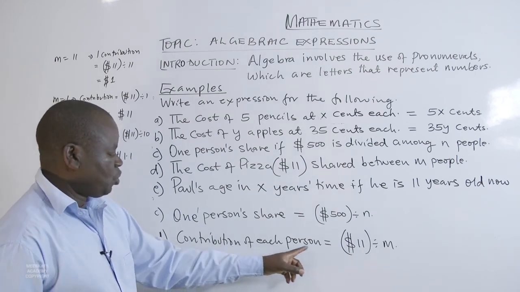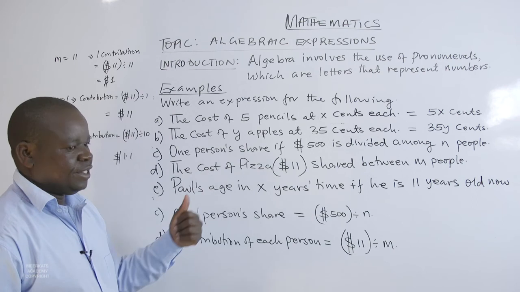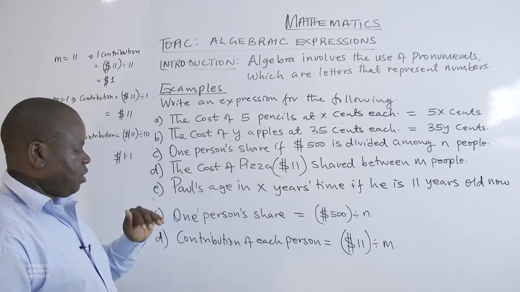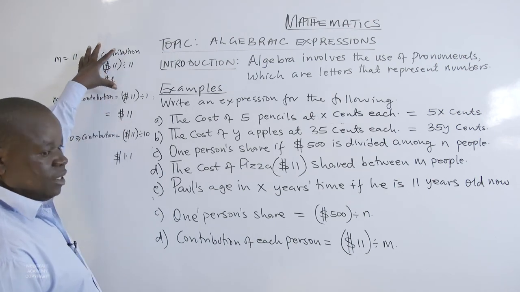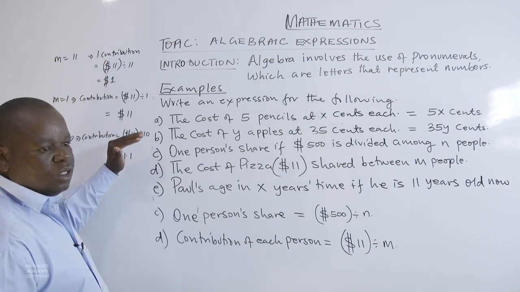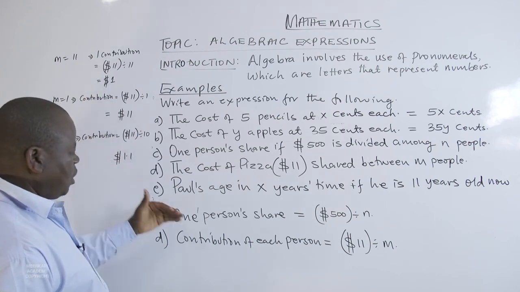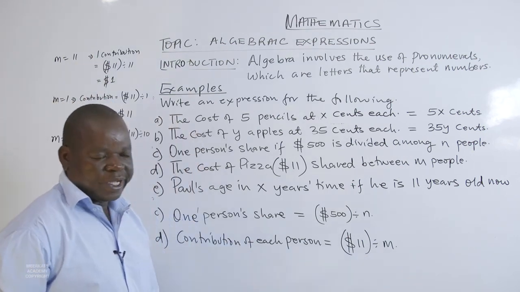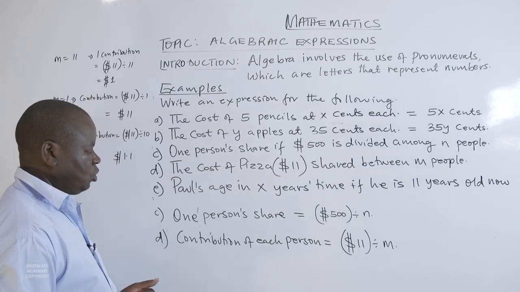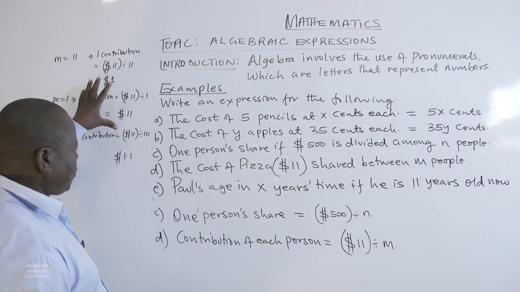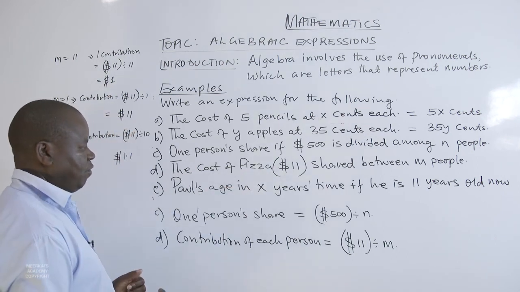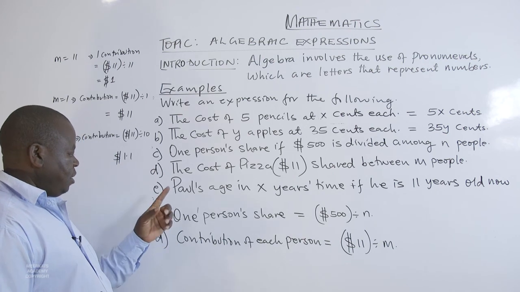That is the contribution of one person towards the purchase of this particular pizza. And because we have given various numerical examples where the value of m keeps changing, remember, m is a variable, so we can take any numerical value of m to get the cost of each person towards the purchase of that one pizza.